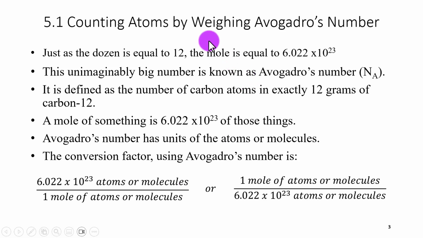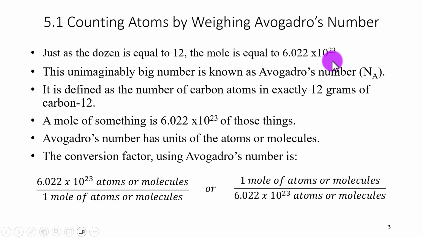Very similarly, the mole is a term of measurement, just like the dozen, but instead of equaling 12, it equals what we call Avogadro's number, after the guy who discovered it. So the mole is equal to 6.022 times 10 to the 23rd.